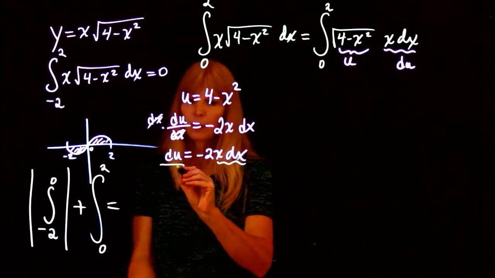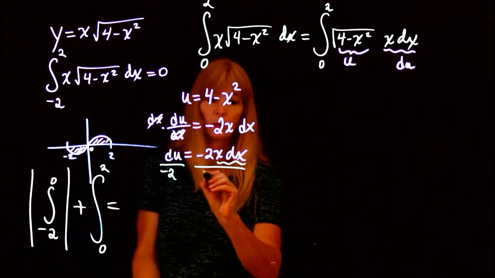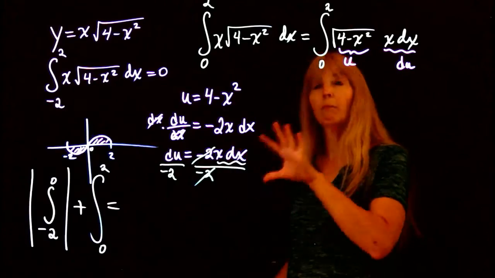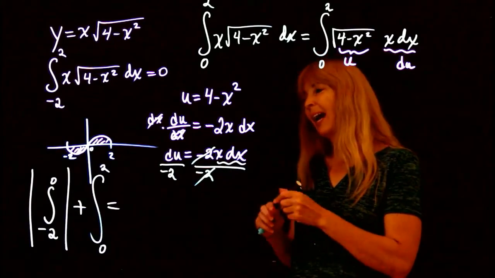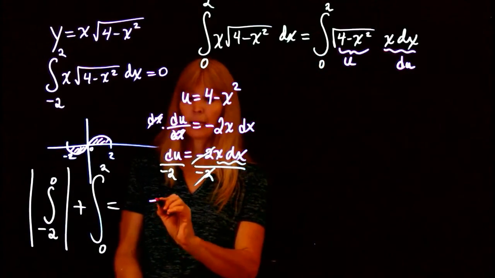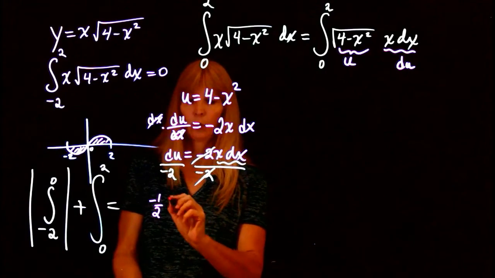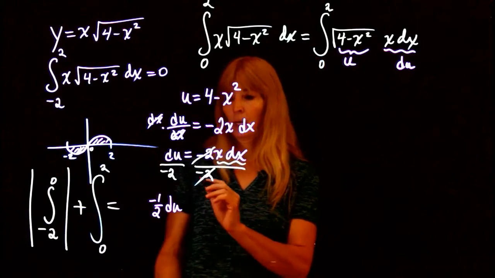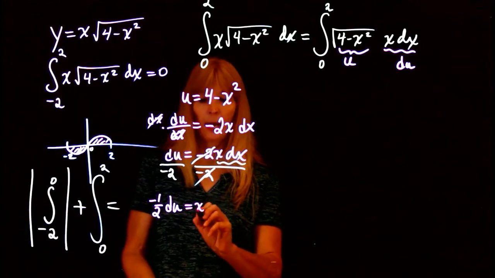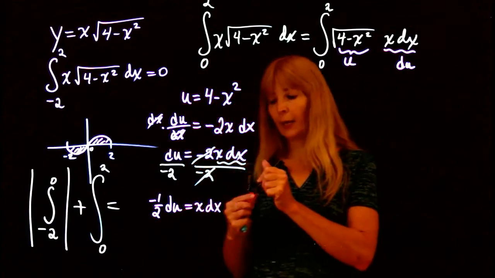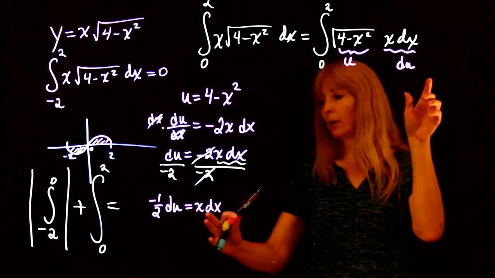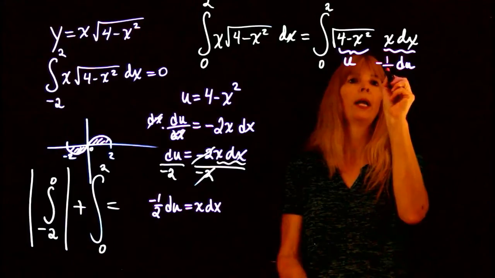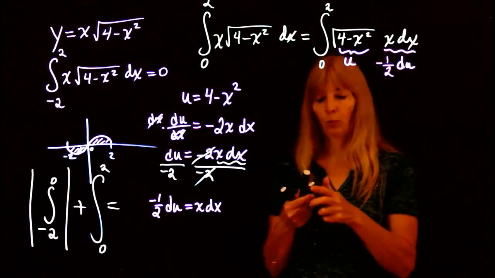I can just simply use my algebra skills and divide that off of both sides, and I get my x dx. Now, I do this extra step because you're going to see why. I like to throw any of my values out front, and so then over here I have my x dx. So I can see now up here where I see x dx, I'm going to plug in -1/2 du.